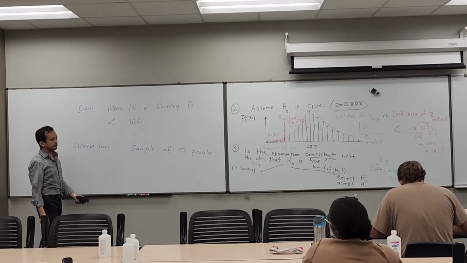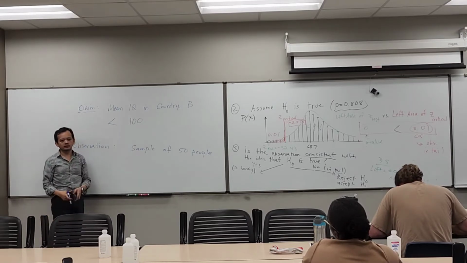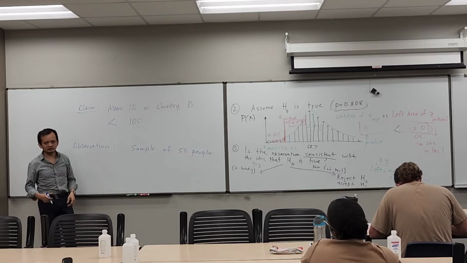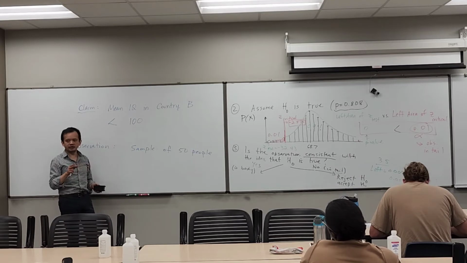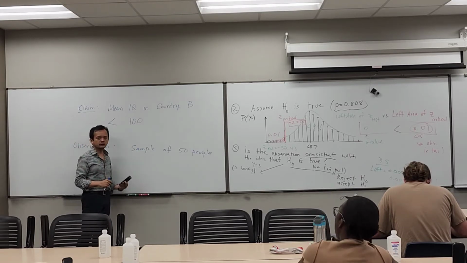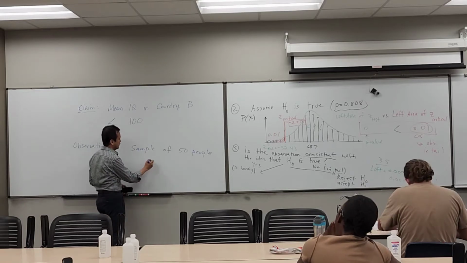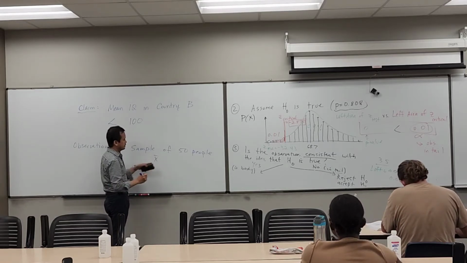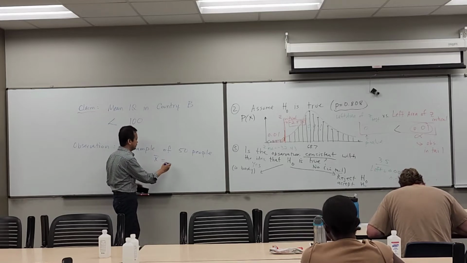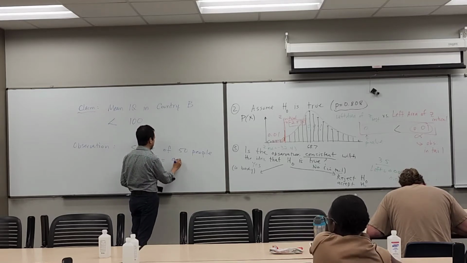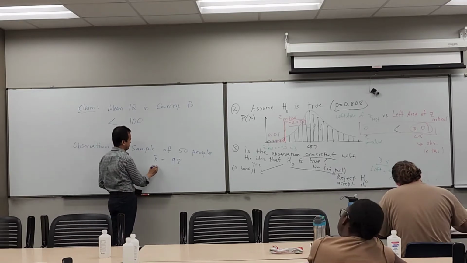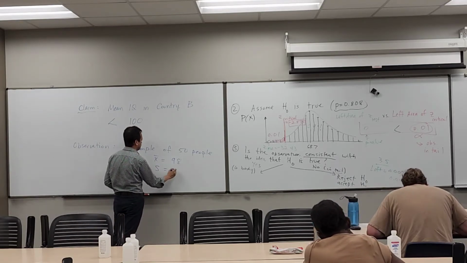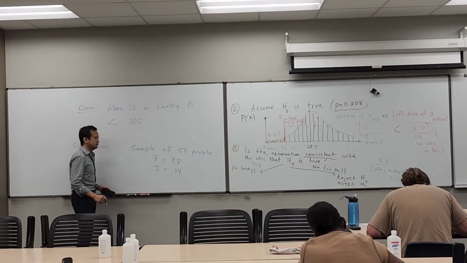And let's say for those 50 people in this new country B, you have them take an IQ test. And now you have 50 IQ scores that you punch into your calculator, and your calculator will give you the mean and standard deviation IQ score. So let's say that the mean IQ score in the sample of 50, your calculator tells you is 98. And let's say the standard deviation, your calculator tells you is 14.